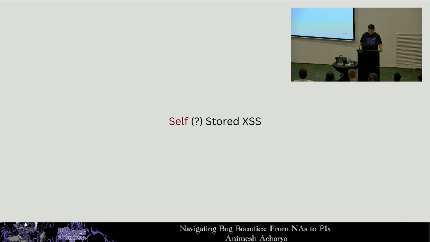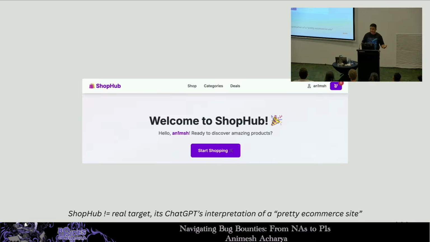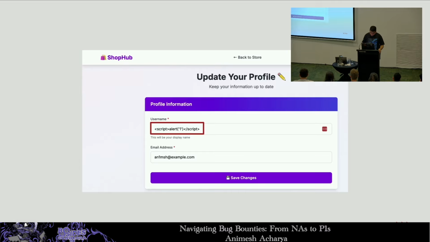But what I have here is a self-stored XSS, and usually by itself, it's not really exploitable. Let's say you've got this e-commerce application that goes, hello, your name, ready to discover amazing products, or whatever. You go into your profile information and you change your username to an XSS payload.